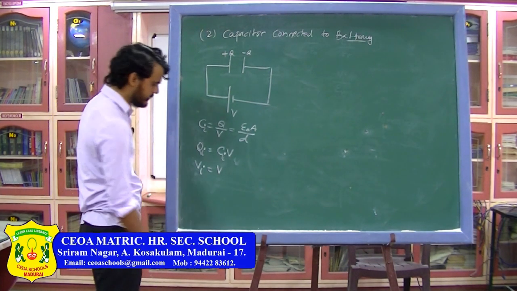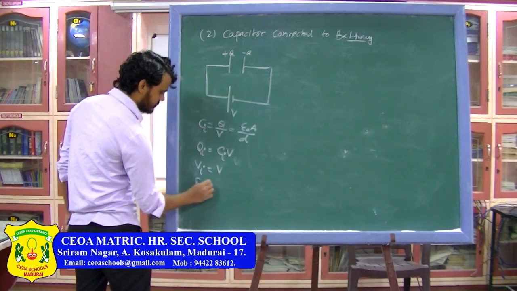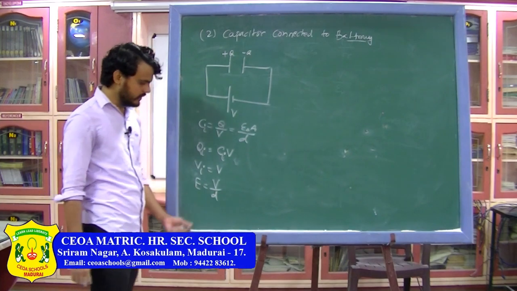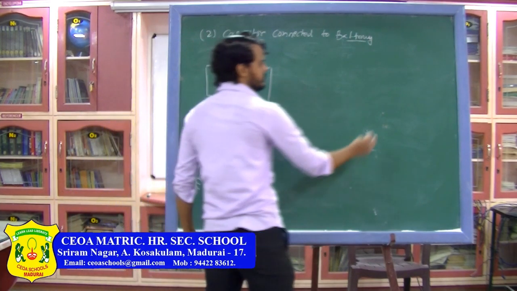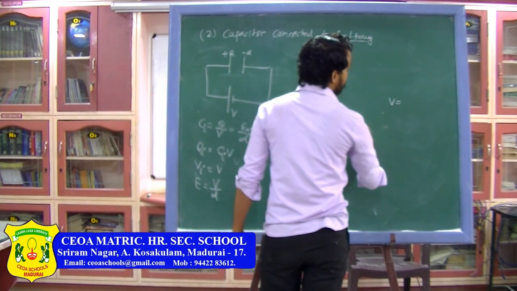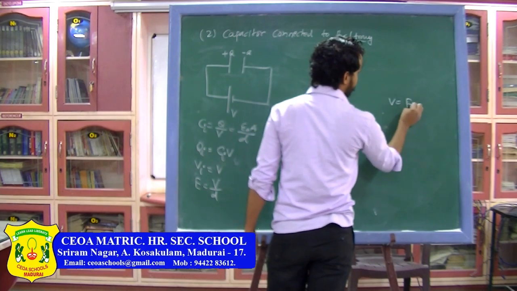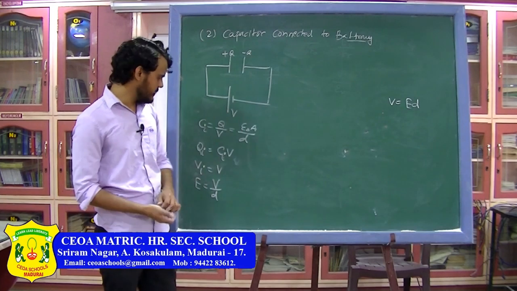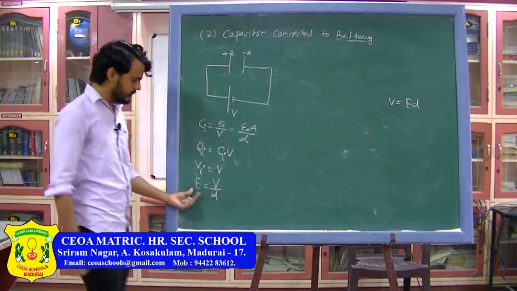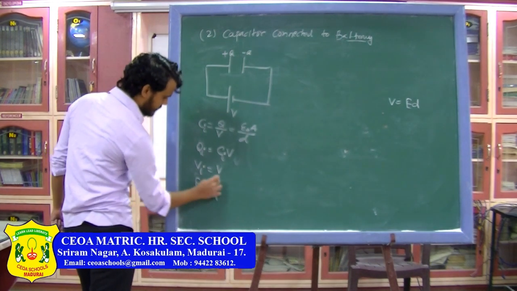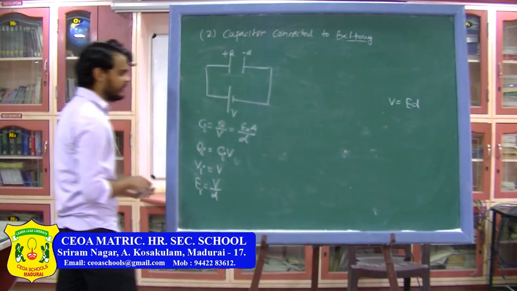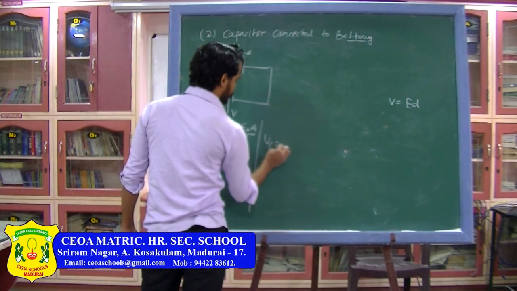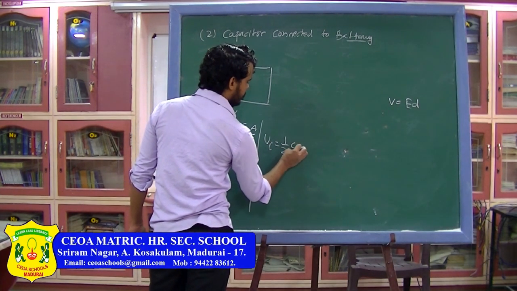Similarly, we can write the electric field. Electric field can be written as V divided by D. From electrostatics we know if electric field is constant then the potential difference can be written as minus E D, but if you take only the magnitude it will be E times D. So initially the electric field can be written as V divided by D, and the initial potential energy between the capacitor plates can be written as half into C initial into V square.